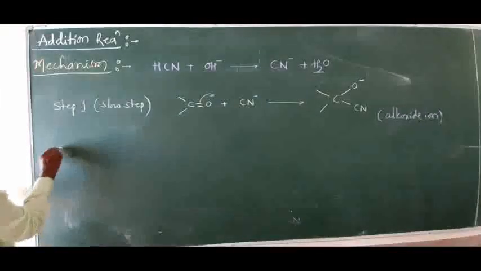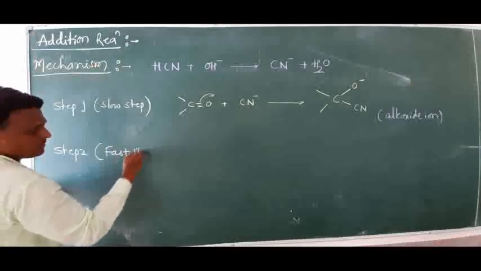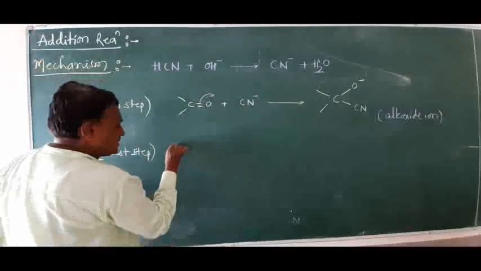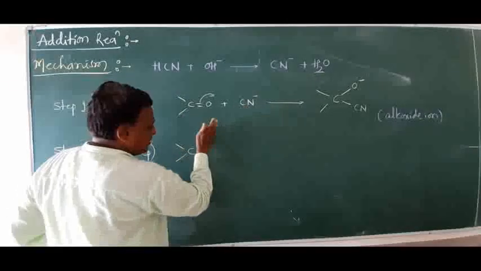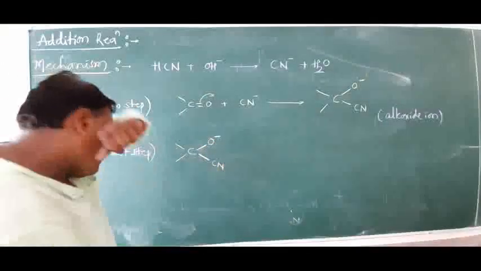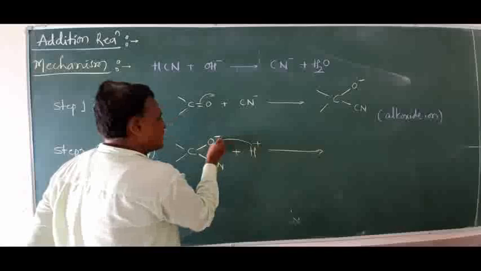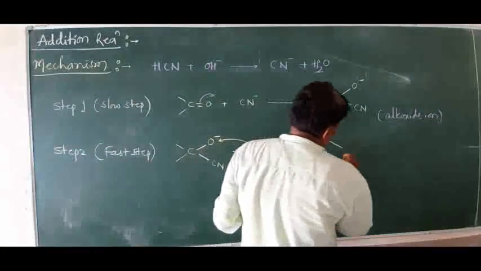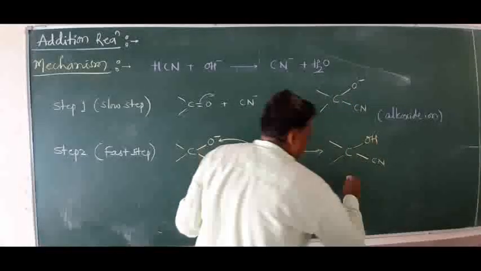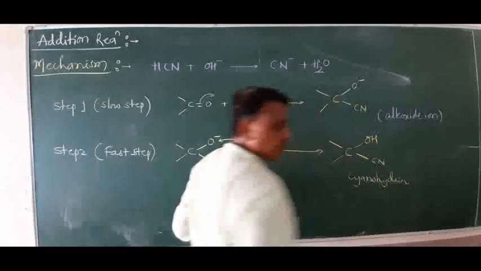And in the second step, step 2, it's a fast step: the attack of the H plus ion. This is a carbonyl carbon which has already been attacked, with O minus and this CN, the alkoxide ion. When this alkoxide ion is attacked by the proton H plus, this H attaches to the alkoxide. Now the compound is C OH and this is your CN, the corresponding cyanohydrin, either of an aldehyde or a ketone.